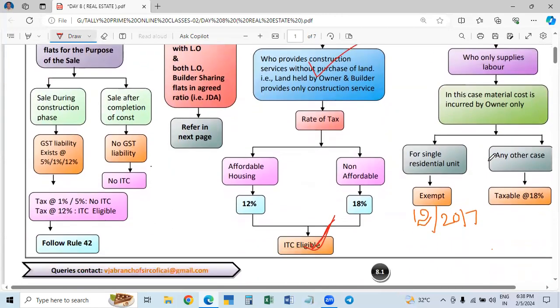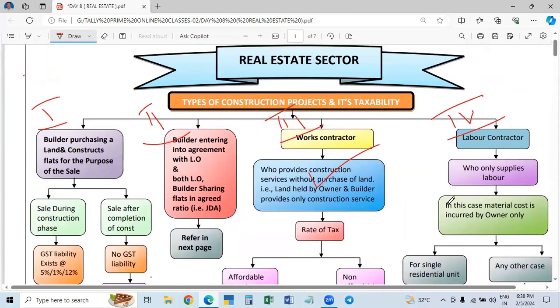Now the fourth one, labor contractor. What is meant by labor contractor? In this case, the landowner will ask the builder to supply only labor for construction. Material is not asked of him; material will be supplied by the owner itself.